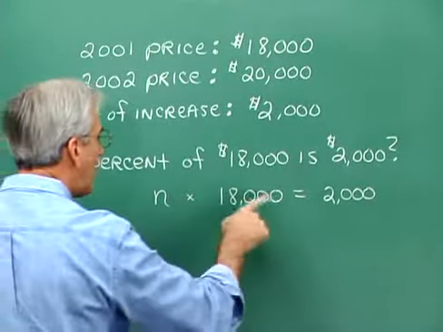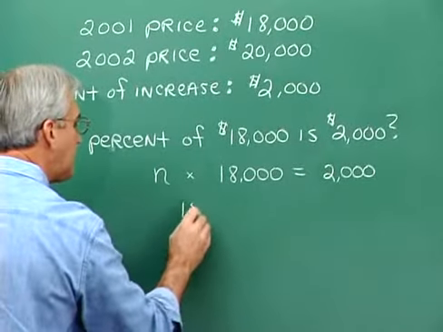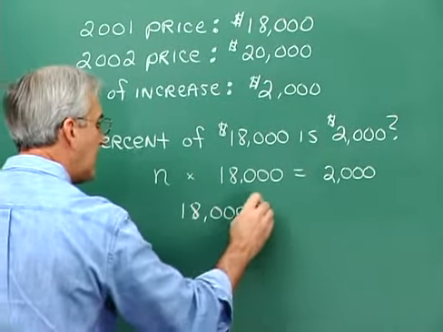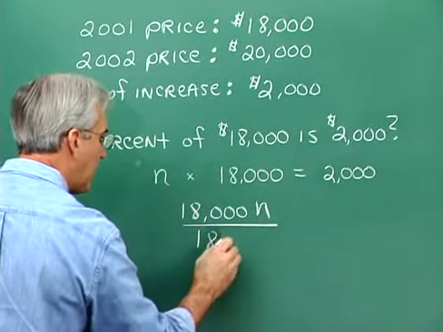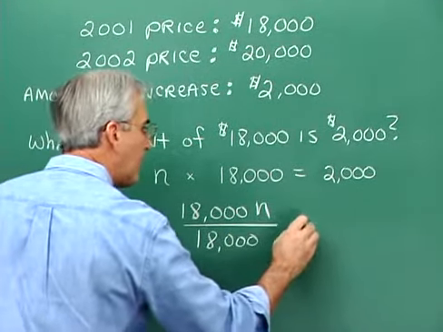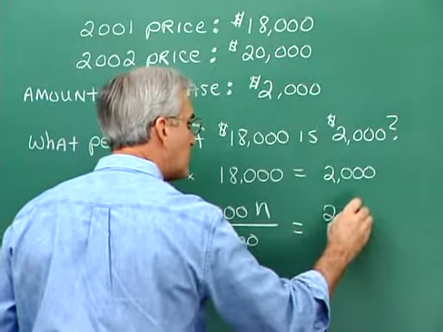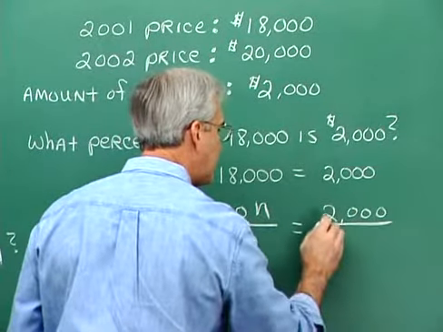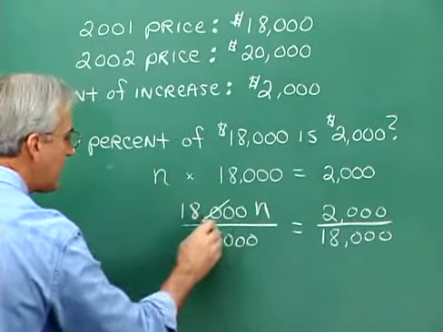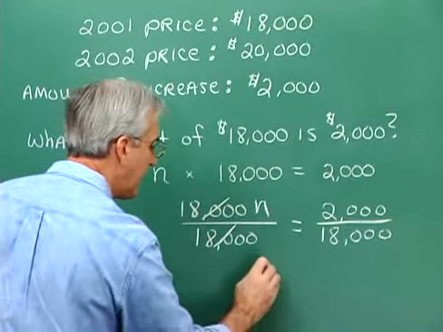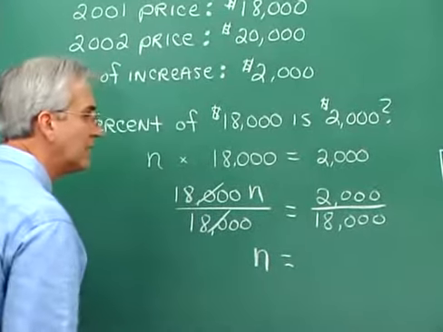On the left we have 18,000 times n, and we're dividing by 18,000, and on the right we have 2,000, and we're dividing by 18,000. Well, the 18,000s go out, and we're isolating the n as expected on the left.